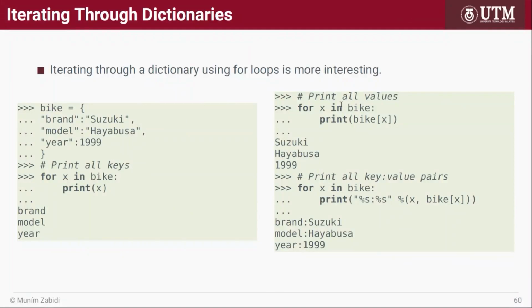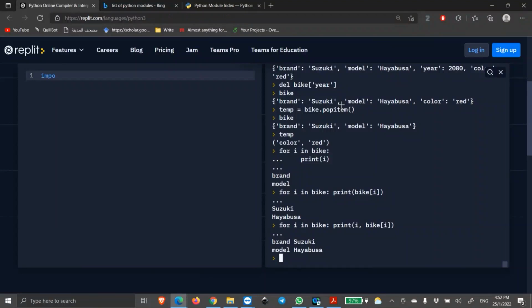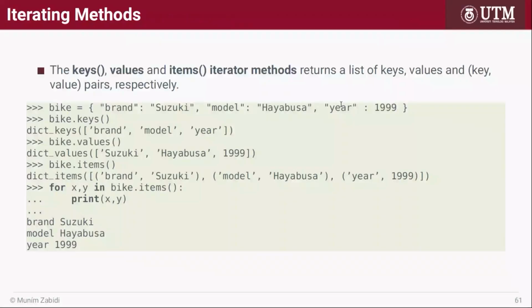This last example is making it too complicated because I am trying to show how you can do fancy print in Python. But if you just want to check out the value, no need to put the %s. Just print I and byte I. If you print I, it will only print the key but not the value.